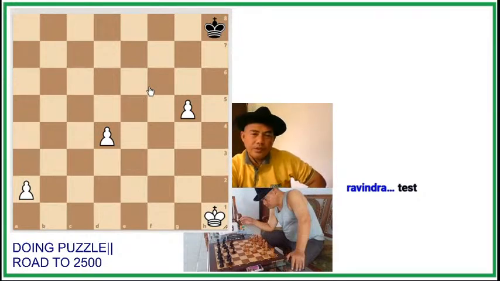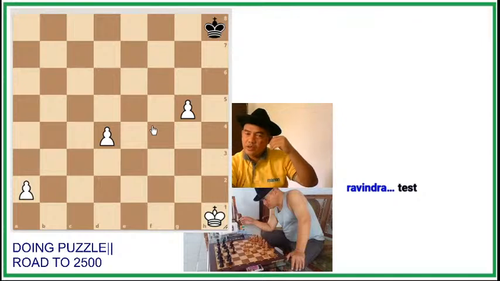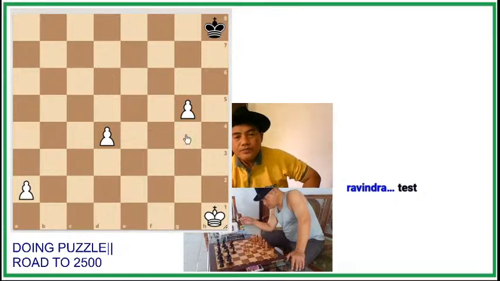When we move our pawn, if the black king is here, then the key square will become a mirror to black. So be careful when you move your pawn in the endgame, because when you move your pawn, the key square will become a mirror to the black king. That is one thing we have to consider when we move our pawn.